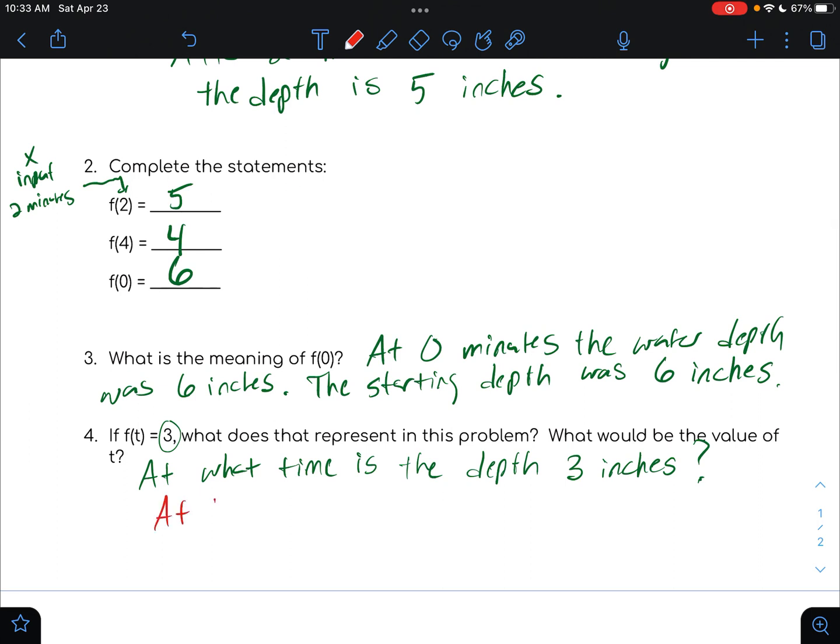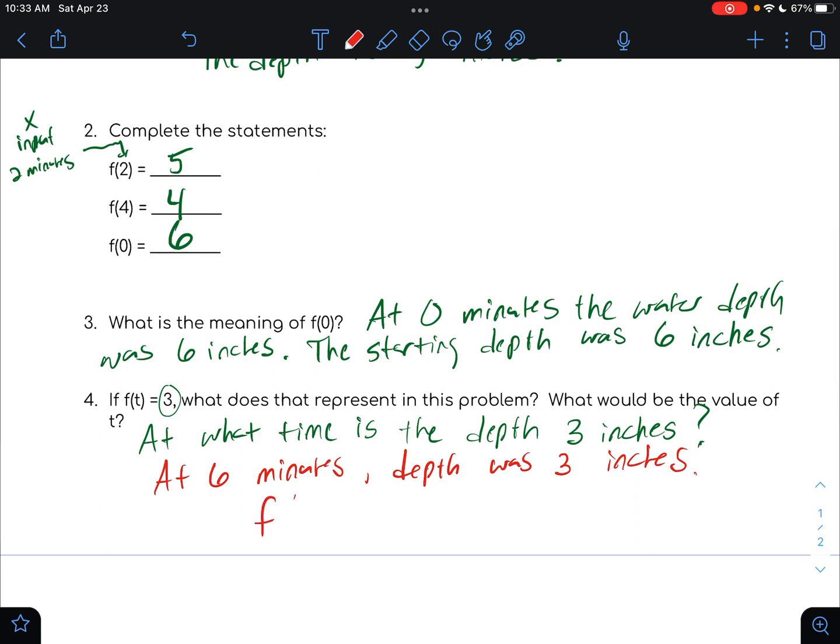So at 6 minutes, depth was 3 inches. Okay, so we can represent that as f of 6 minutes equals 3 inches. So when the time was 6, the depth was 3.